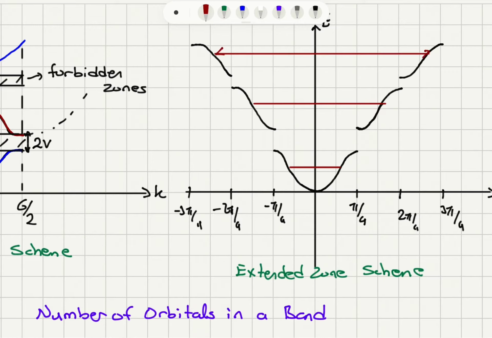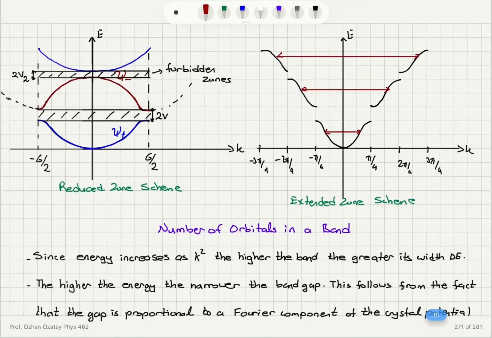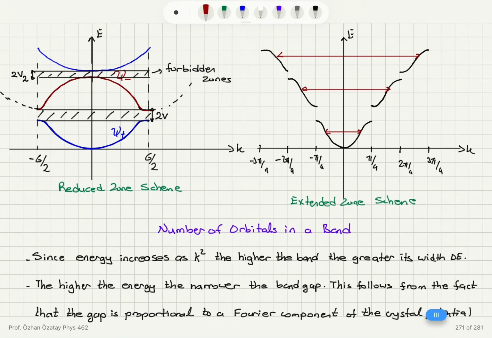That's because we have roughly k squared dependence for the energy. And the higher the energy, the narrower the band gap. So these band gaps are getting smaller as we go up in energy.